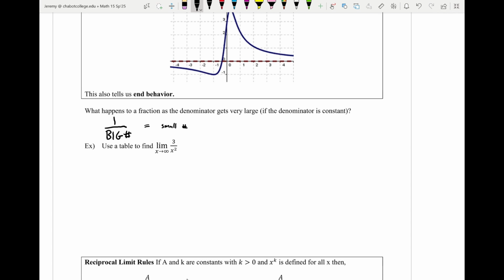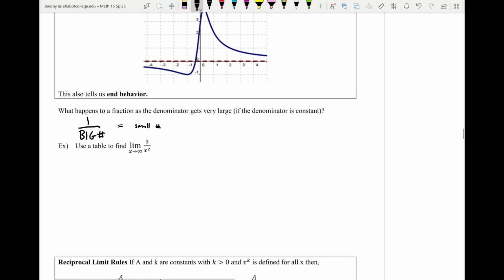So if we're looking at a limit like this one in this next example, the limit as x approaches infinity of 3 over x squared. Okay, so the numerator is a constant, and actually there's a typo. I think this should be, if the numerator is a constant.